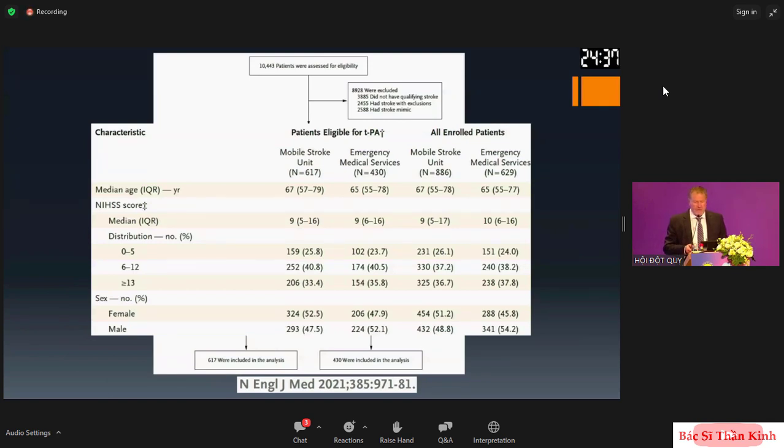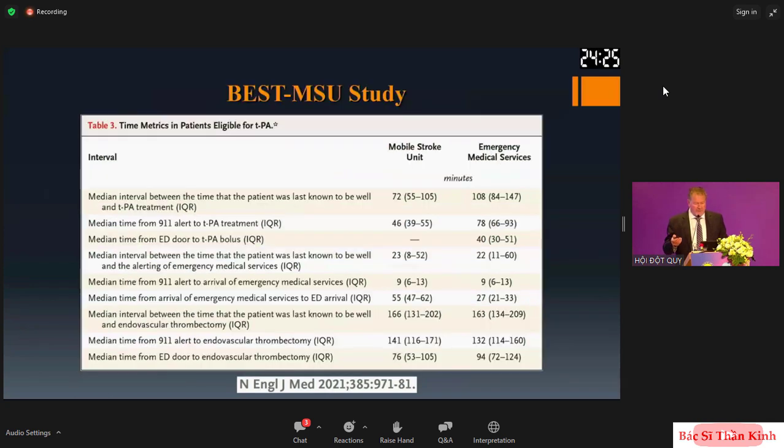And what we were interested in is how often we were giving TPA in that setting. Did we miss an opportunity or not? How early we were giving the TPA, how safe it was, and what were the 3 month outcomes. So first of all, we noticed that on average, we treated the patients 36 minutes earlier than by regular transportation.